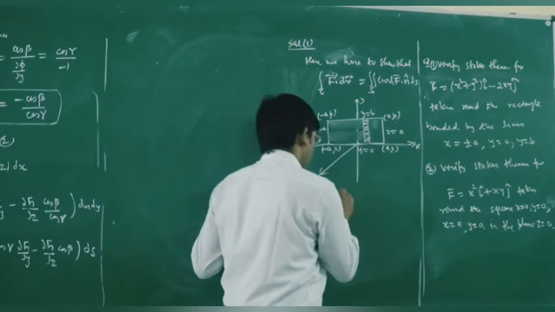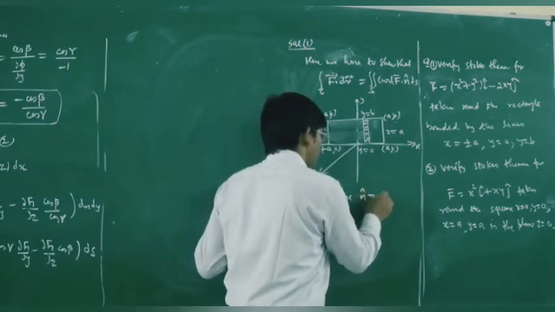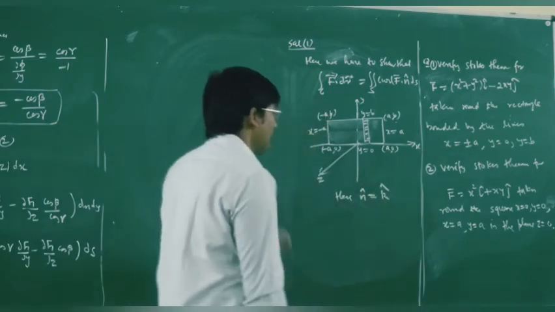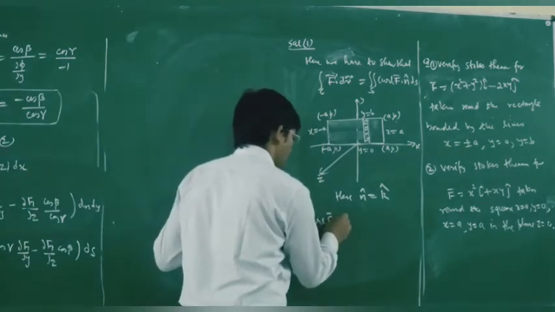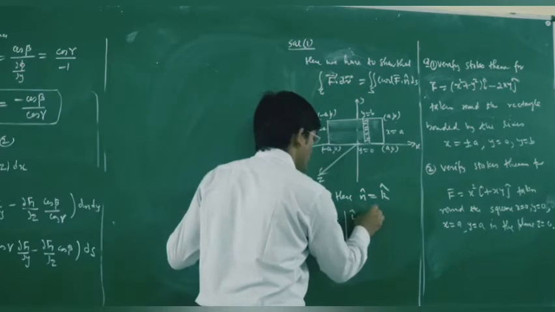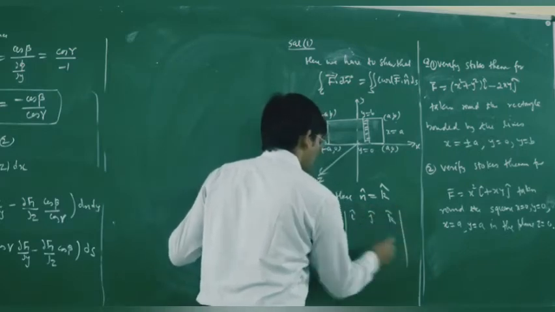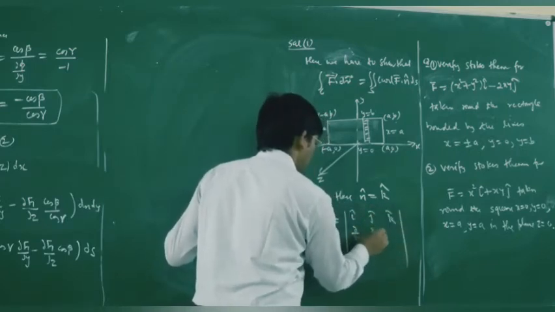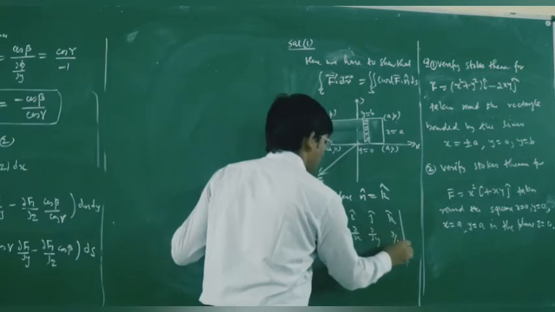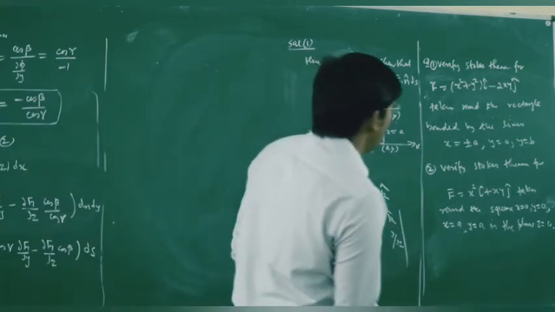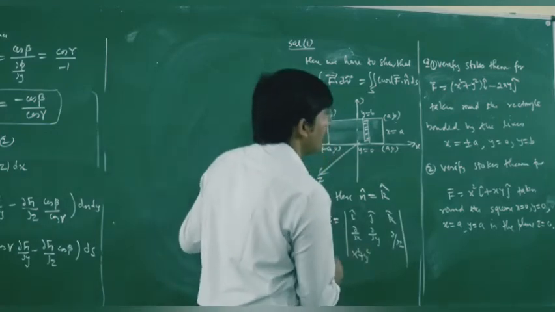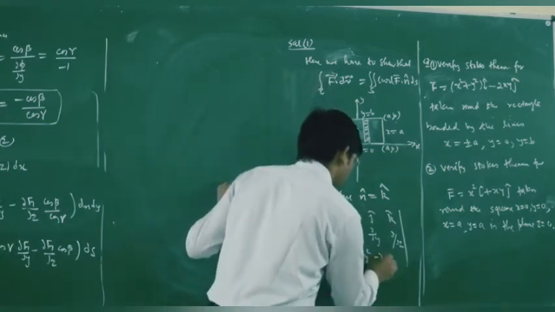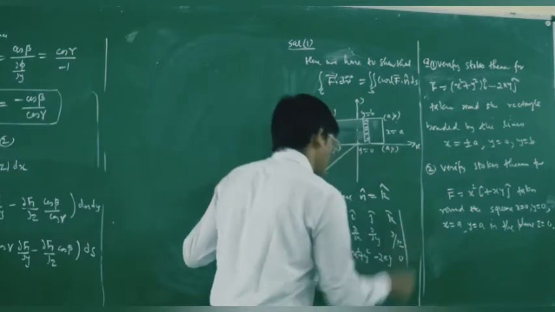Your unit normal vector will be k cap, and let us evaluate the curl of f. Your curl of f will be equal to the determinant with i, j, k, del by del x, del by del y, del by del z, then we have x square plus y square, then we have minus 2xy, and the third component will be 0.